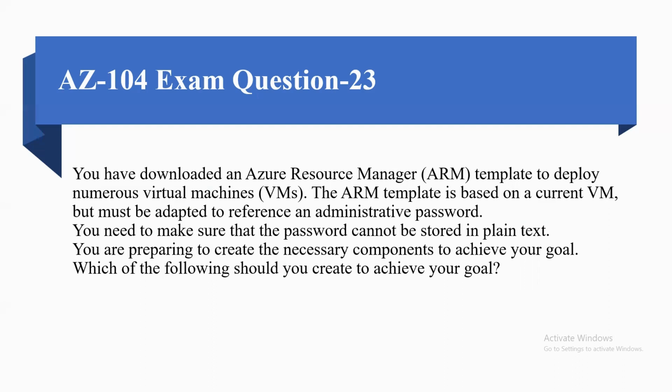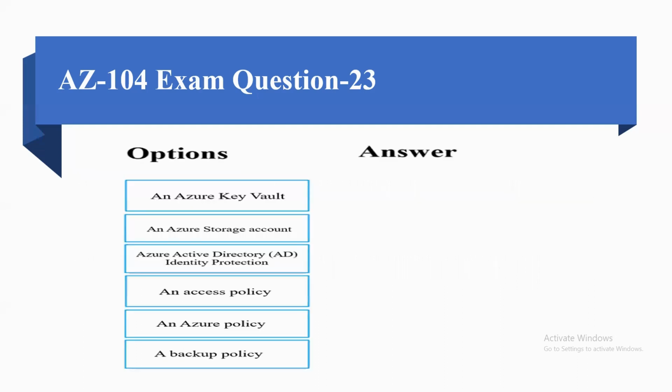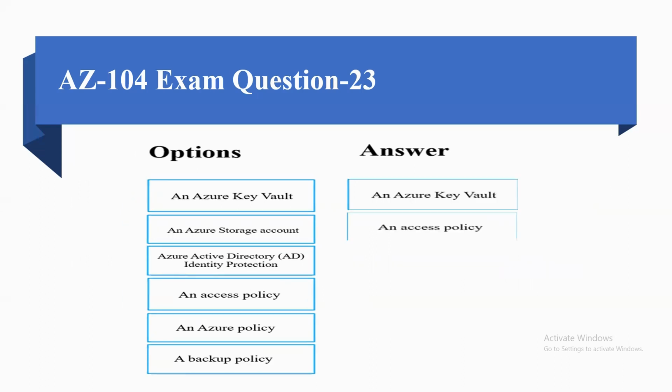You are preparing to create the necessary components to achieve your goal. Which of the following should you create to achieve your goal? These are the options: an Azure Key Vault, an Azure storage account, Azure Active Directory Identity Protection, an access key, an Azure policy, a backup policy. And the answer will be an Azure Key Vault and an access policy.